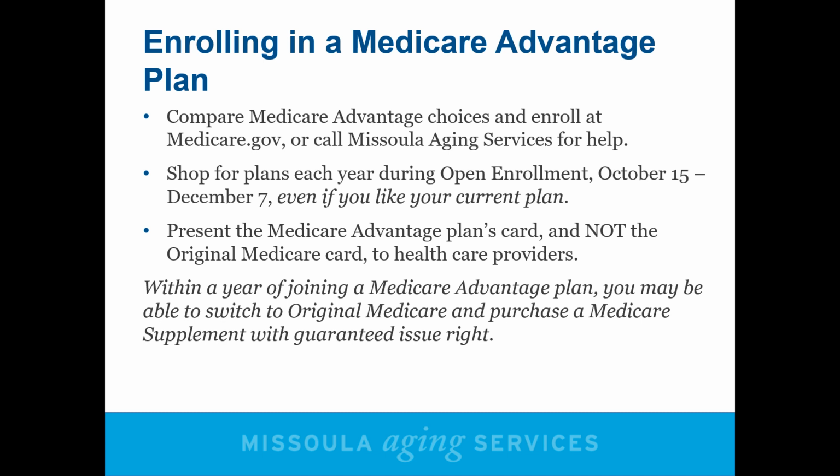The policy that was written for you expires on December 31st. And if you don't shop, then next year you might get a plan with the same name automatically, but everything you like about it, like the network of providers and the co-pays, might all be different. So very important to shop each year, even if you like your plan.